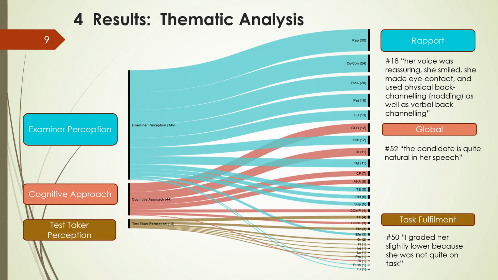Task fulfillment is exemplified by rater 50's comment, "I graded her slightly lower because she was not quite on task." The task fulfillment subtheme seems to again support the notion that some raters appear to be creating generalized, impressionistic summaries of test taker proficiency, rather than citing specific instances of performance in reference to rating scale criteria.